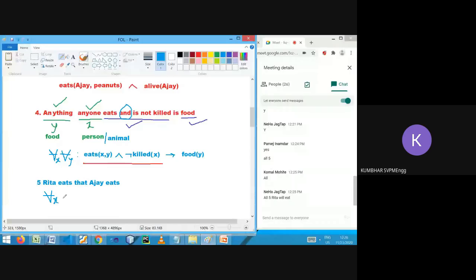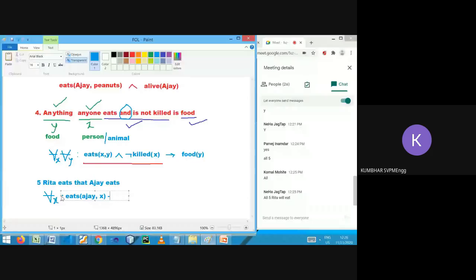All x. Now here x will represent food, correct? All x, such that if Ajay eats x food, then Rita will also eat that food.